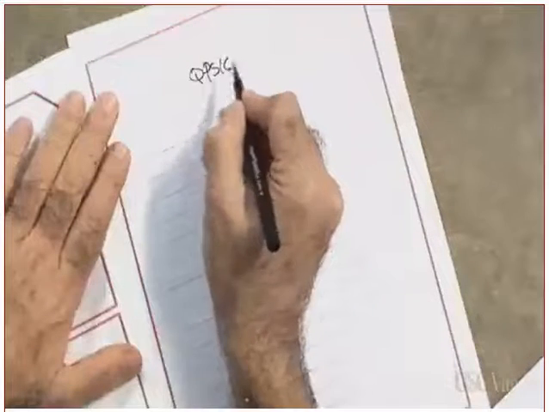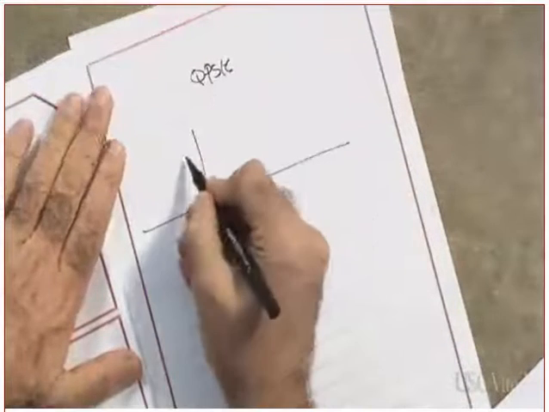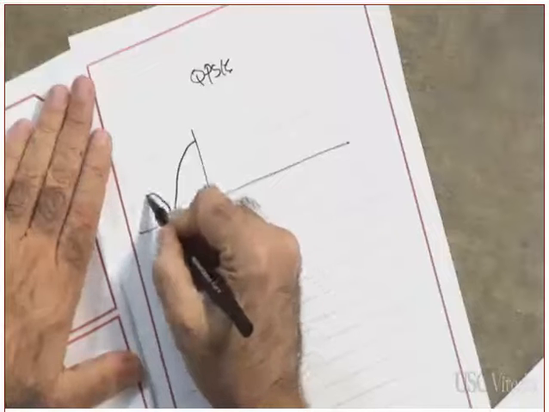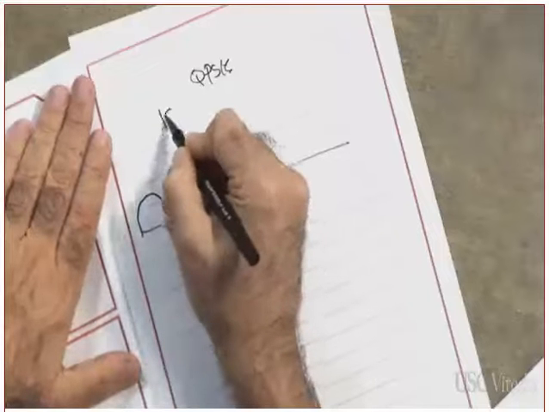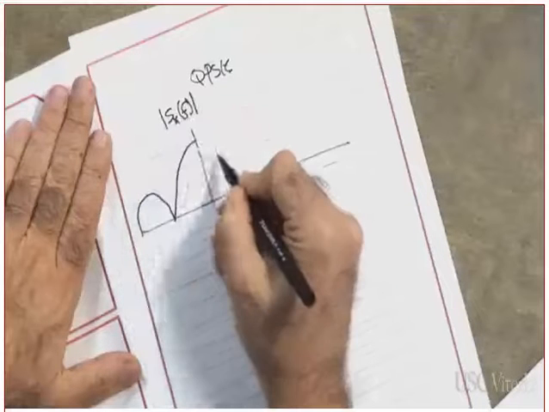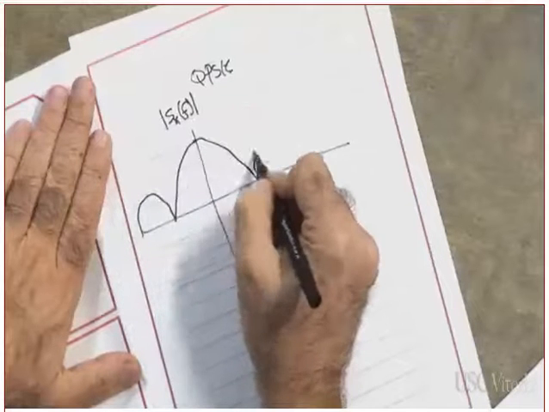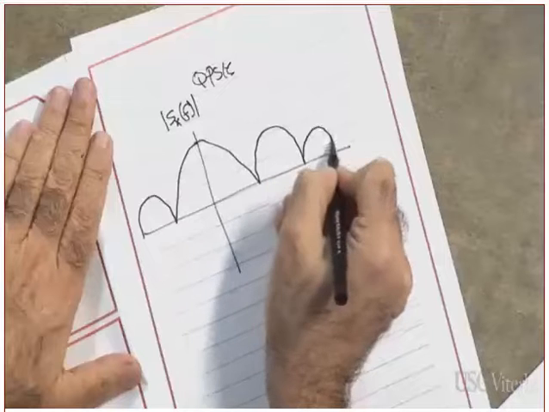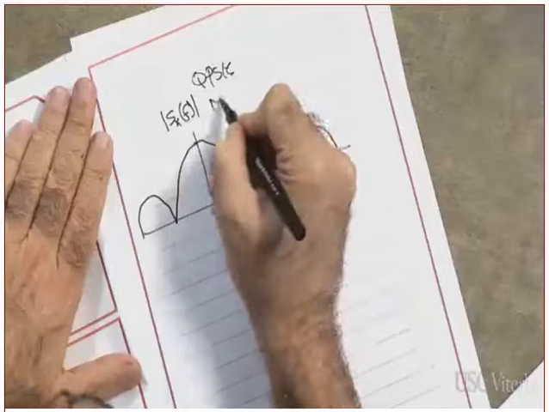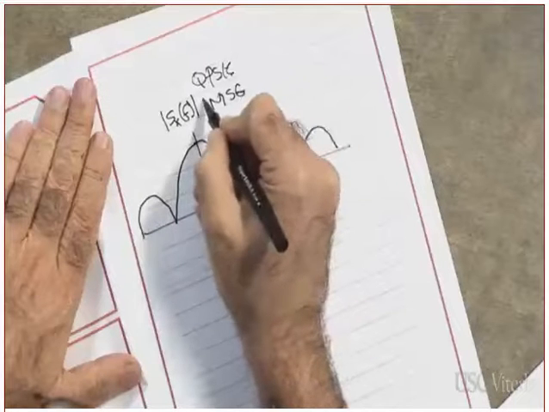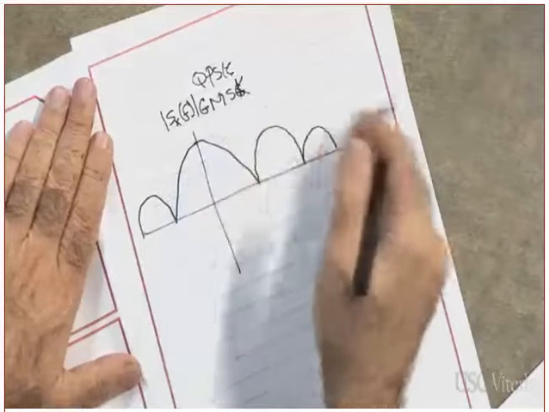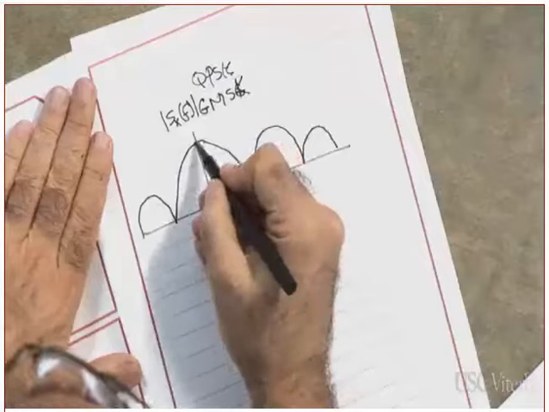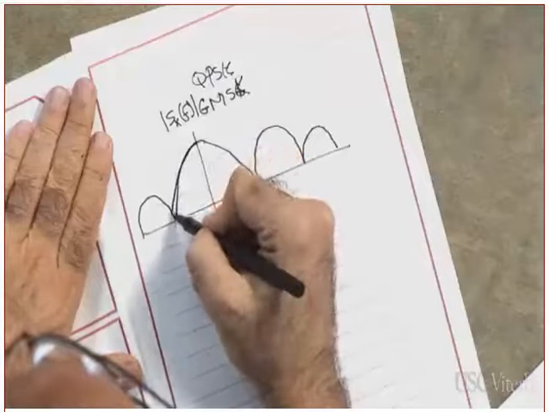This is the QPSK. I will show you this later on. Look at this spectrum. I'm sketching, by the way, the absolute value of the spectrum. This is the power spectrum. And I am going to sketch the MSK or GMSK on top of it so that you can see the difference. Follow me. Roughly.